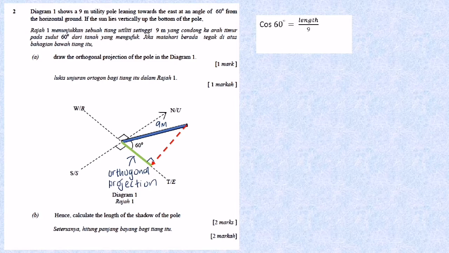Cos 60 equals adjacent side, the length of the shadow, over the hypotenuse, 9 meters. The length equals 9 times 0.5. Length of shadow equals 4.5 meters.